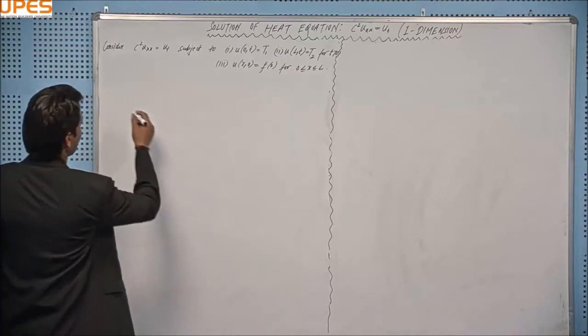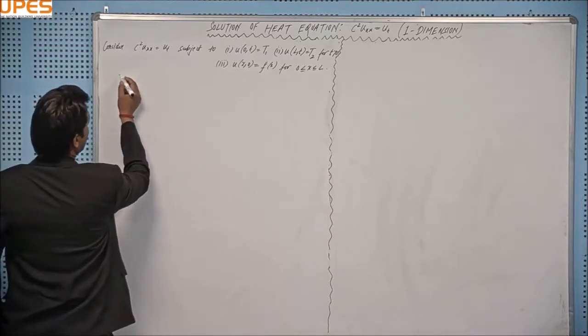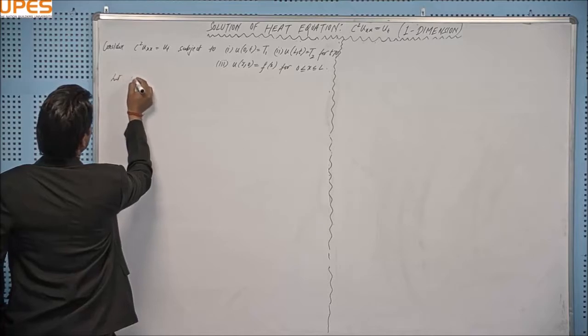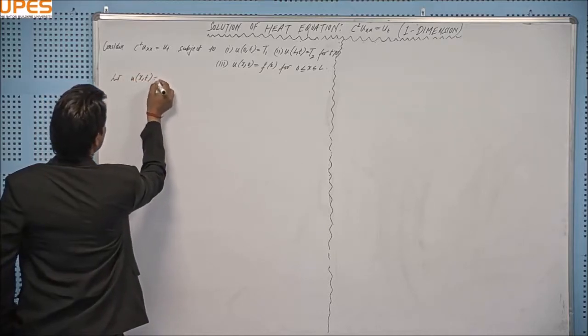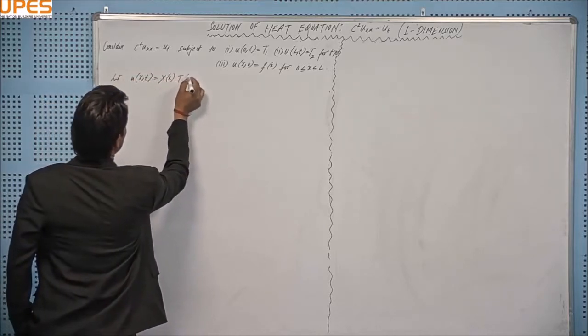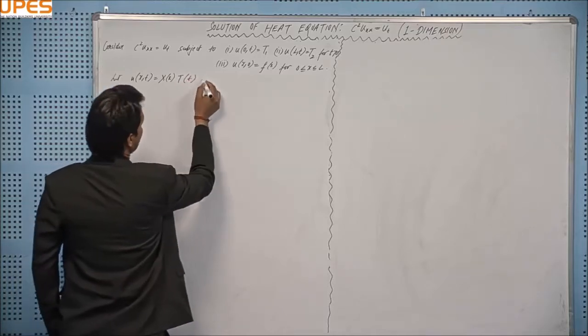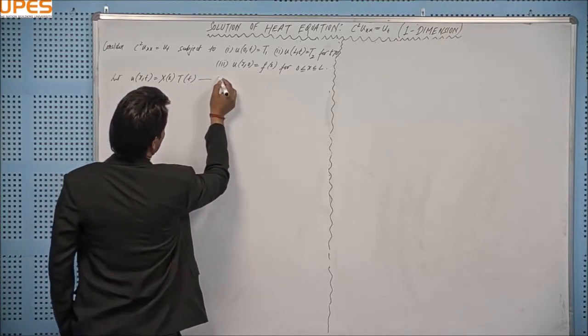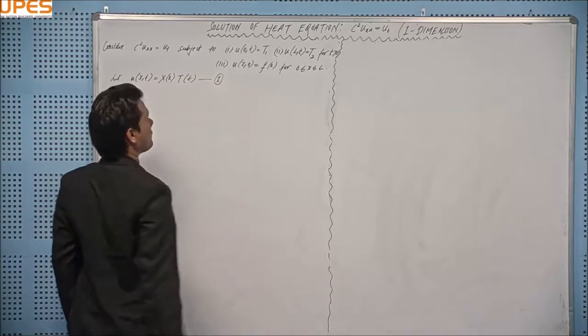Then to start the solution, let me take the solution of this form, u(x, t) equal to X(x) into T(t), and let me call it equation number 1. Fine.